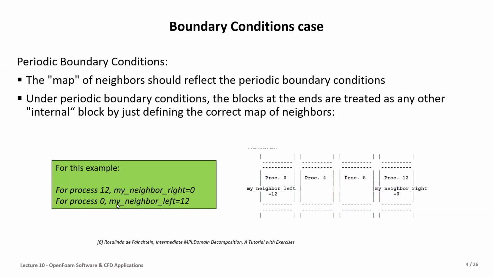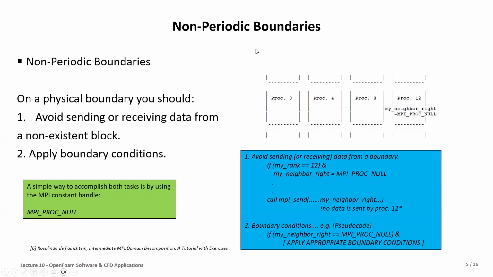The other case is the non-periodic boundary, in which we should avoid sending or receiving data from a non-existent block and apply the boundary condition. A simple way to do this is using the MPI constant handle, which is MPI_PROC_NULL.